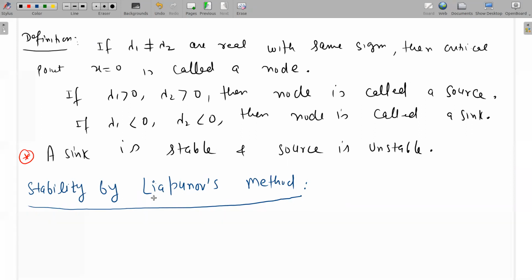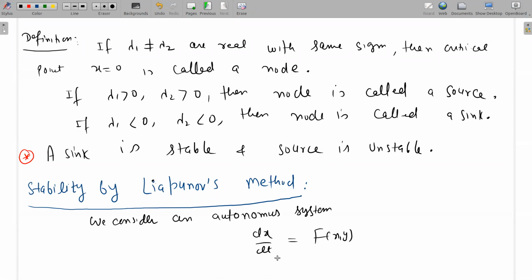अब मिनिमम का मीनिंग है, so that will have local minima, and you know how to find maxima and minima of any function. So we consider an autonomous system, which is dx by dt, and the second equation is dy by dt equal to g of x y.